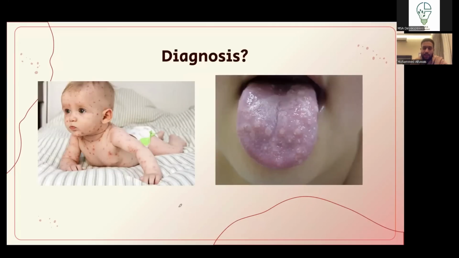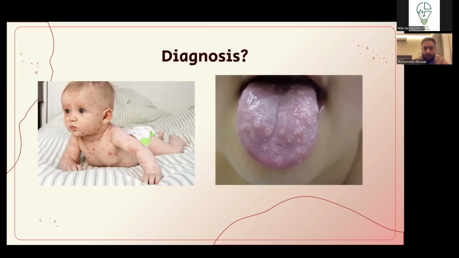Now, how about this baby who was not vaccinated? Chickenpox, good. Which is caused by what organism? Varicella zoster virus. Good. So varicella zoster virus will cause these vesicles to form everywhere in the body of a child.